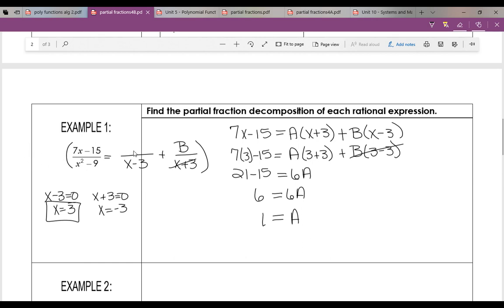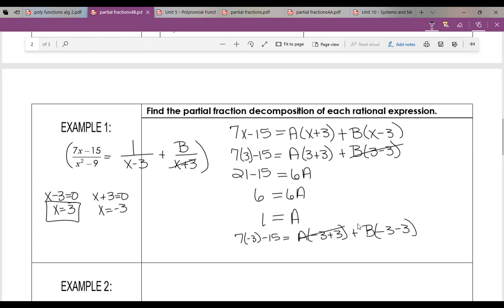So I'm going to come over here. I'm going to take that a value out and put a 1 in that numerator. And then I'm going to plug in negative 3 and figure out what my b value is. So 7 times negative 3 minus 15 equals a times negative 3 plus 3 plus b times negative 3 minus 3.